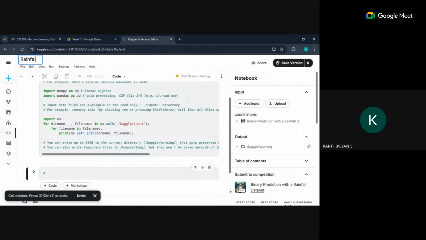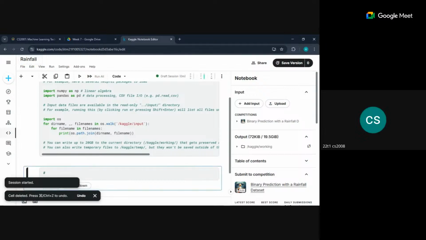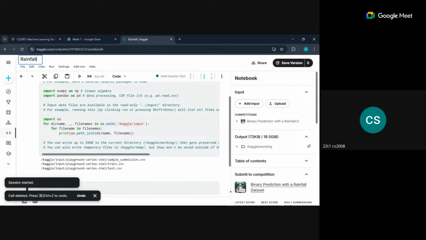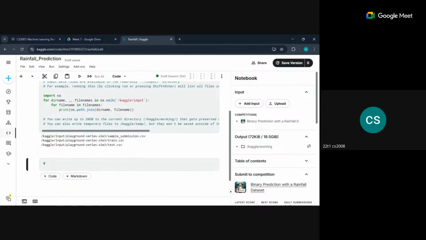Need to import the data set. Okay, I need to import the data set. That is the files.